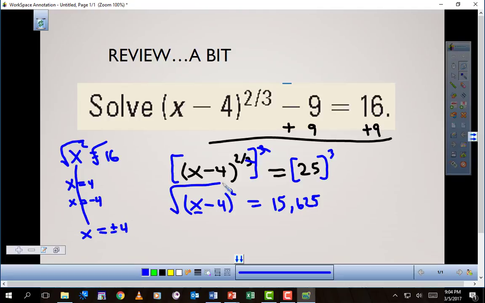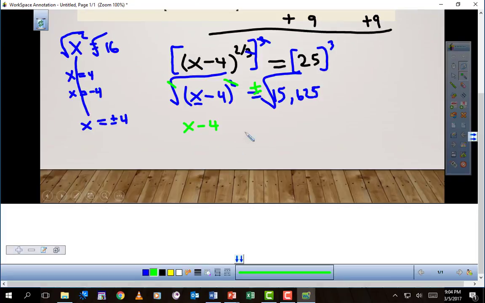Anyhow, we'll take the square root here, and as we do that, we're going to add in a plus or minus right there. And so this square root cancels off this square, so we have x minus 4 is equal to the square root of 15,625. And when I do that, I get plus or minus 125.